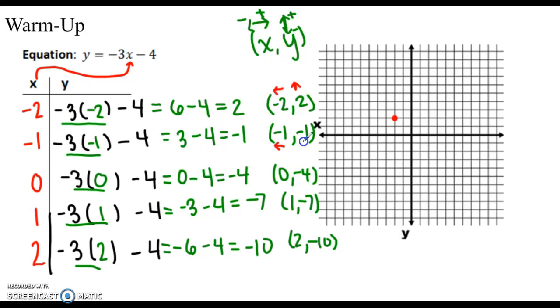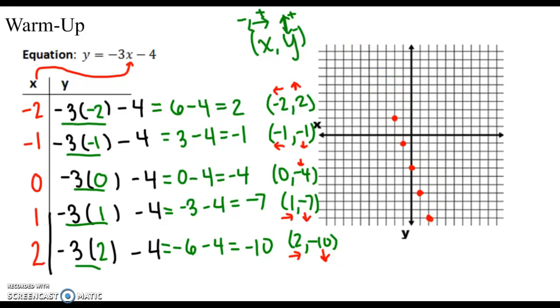Left 1, down 1. Put a point. Nothing left or right, just down 4. Right 1, down 7. And then to the right 2, and down 10.